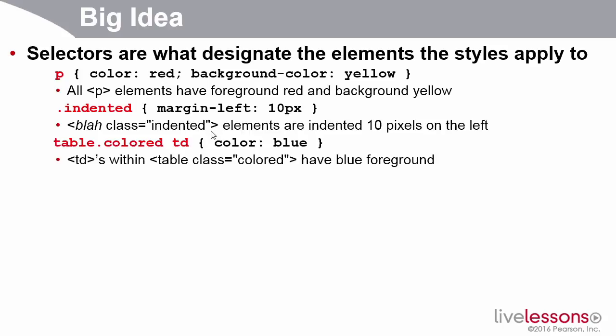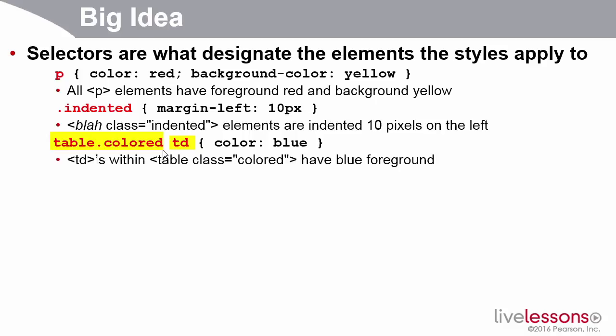Here's a quick example. This selector pattern, kind of work from right to left here instead of left to right, means the colors apply only to TDs, but not to all TDs, only TDs that are inside tables that say class equals colored. So you can kind of nest them, and so you can make more specific designations.